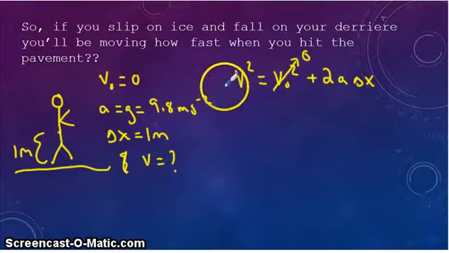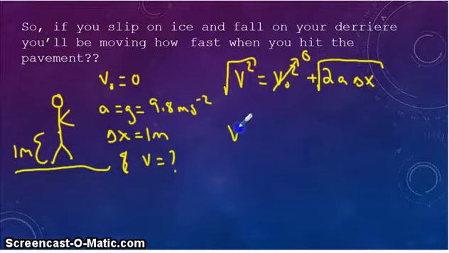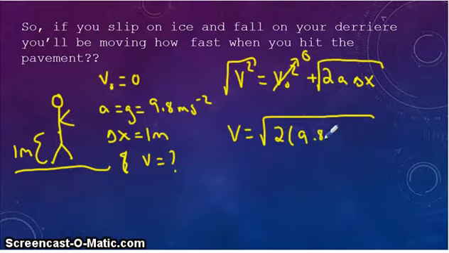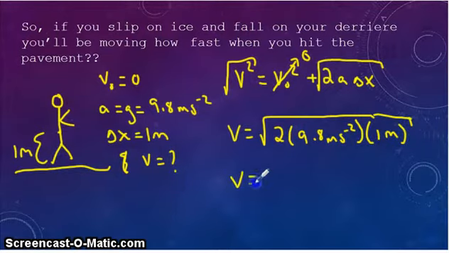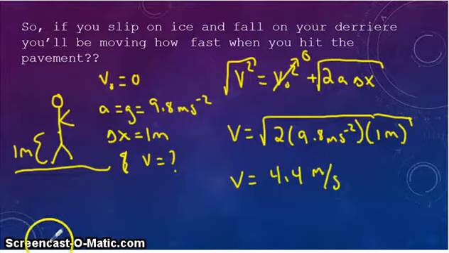We're trying to get v by itself, so we square root both sides, and we get v equal to the radical of 2 times the acceleration times the displacement of 1 meter. And if you do that in your calculator, you get a final speed of 4.4 meters per second.